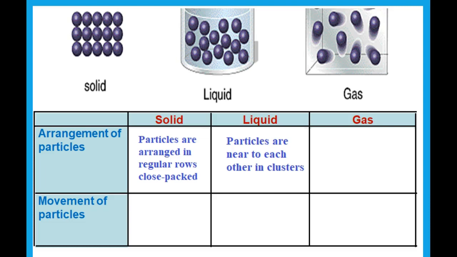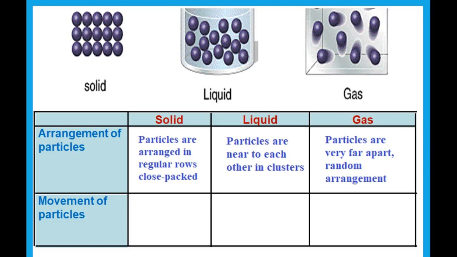Clusters means they are in groups. At some points they're touching each other, at some points they are not, but they are near to each other. For gases, the particles are far apart and in a random arrangement. So when you're explaining arrangement, you have to tell me whether it is some sort of regular arrangement or not, and how far or how near the particles are.